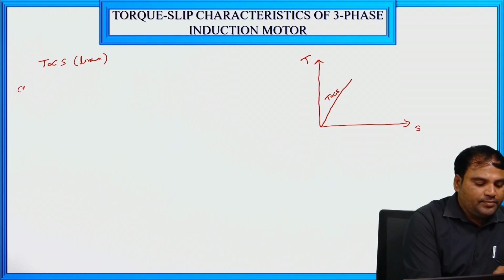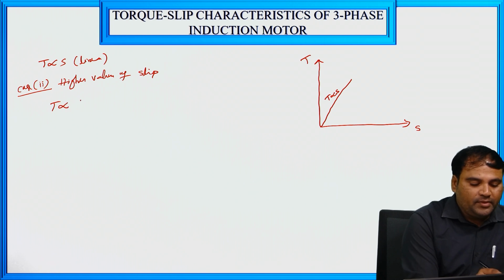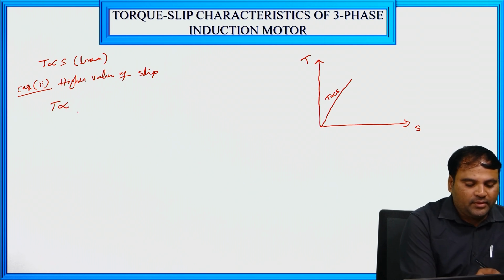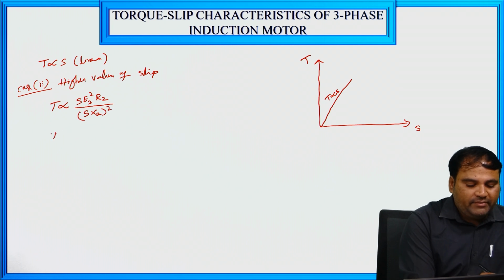And for case 2, higher values of slip, we have to remove the S term in the denominator, that is R2. So T is directly proportional to S E2² R2 divided by (S X2)², which I write as S E2² R2 divided by S² X2².